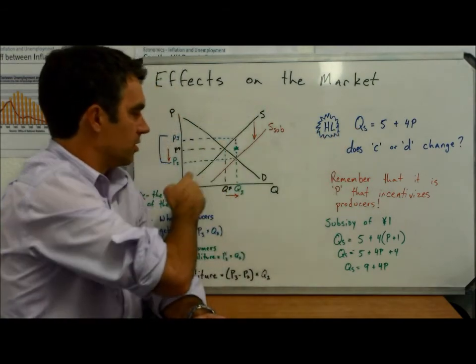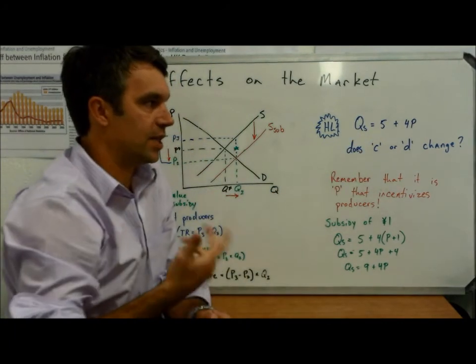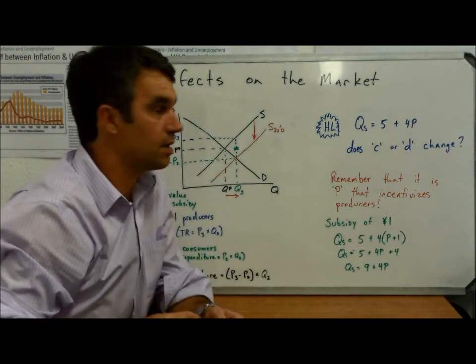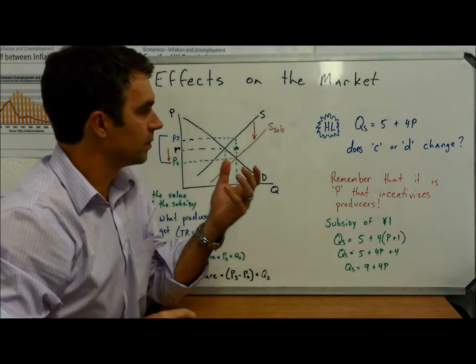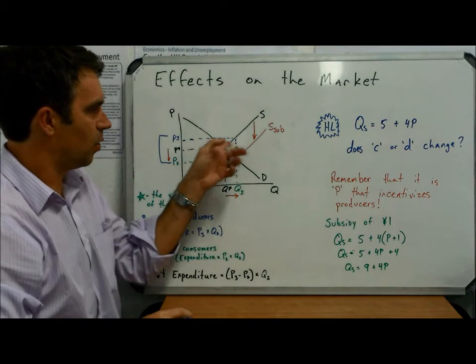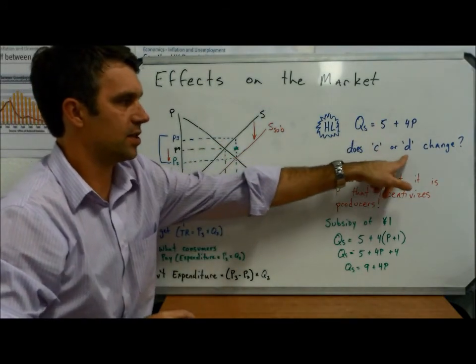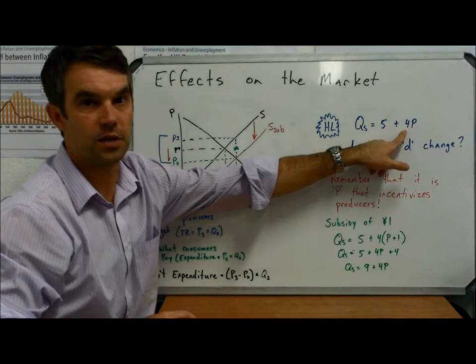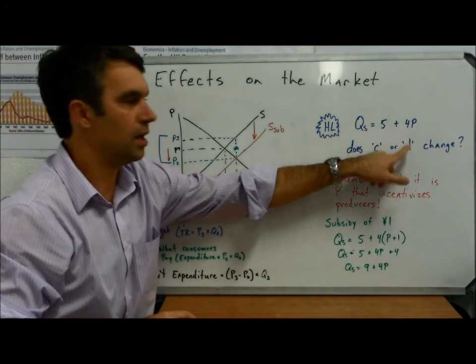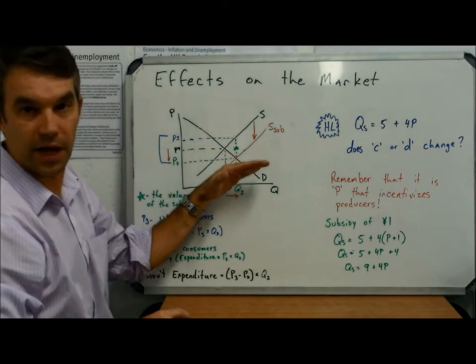Let's say that our original supply curve, the one in black, is represented by the formula QS equals 5 plus 4P. So let's ask the question, in what we're seeing here, was it the C variable that changed, or was it the D variable that changed? If the D variable had changed, we would see a different slope to the new supply curve.